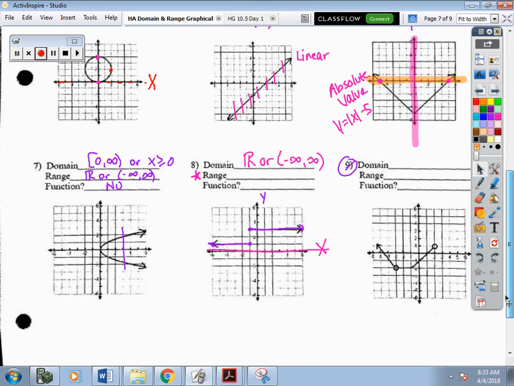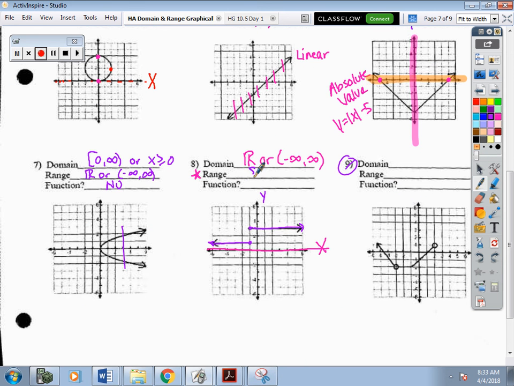So you should have 1, 3. The braces are a listing of numbers. When you do parentheses or brackets, that's telling you you're including all the numbers in between them. You would not want to include 2 because the function never touches 2, nor does it touch 1.5 or 2.5 or any of those. So this is just a listing of numbers. The only two y values it ever touches are 1 and 3.